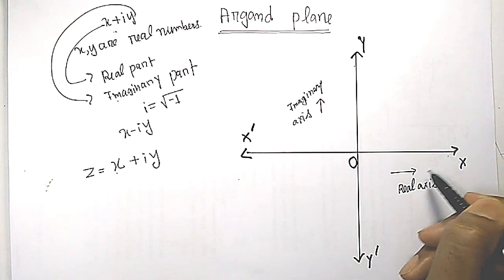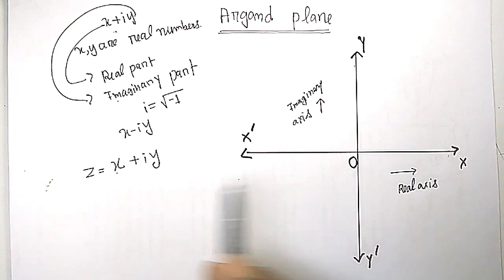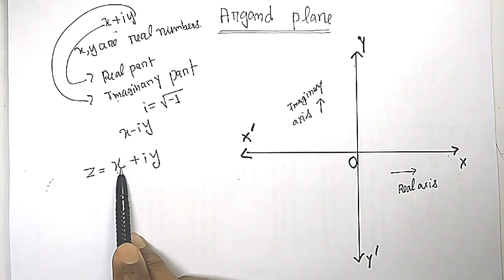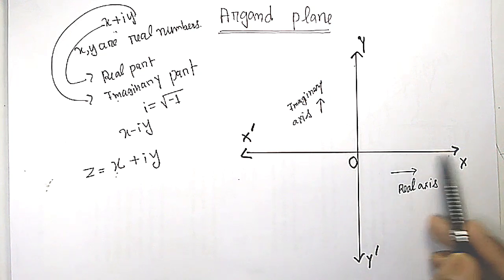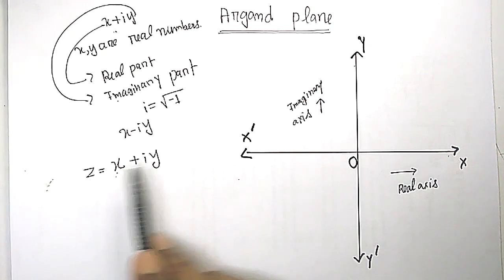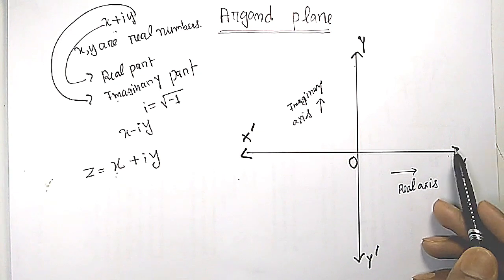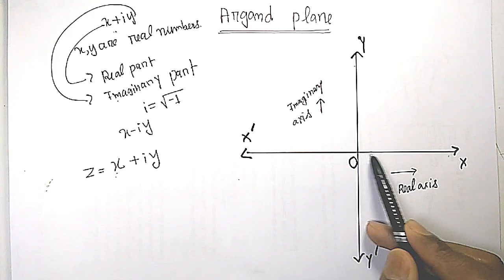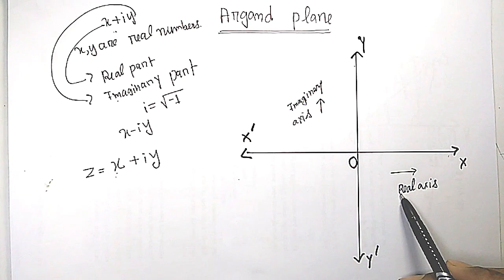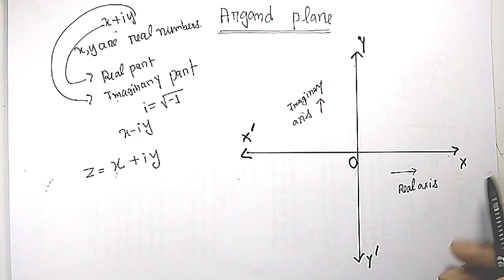On the x-axis we represent the real part. That's why the x-axis is known as the real axis, because the real part of any complex number we represent on the x-axis.